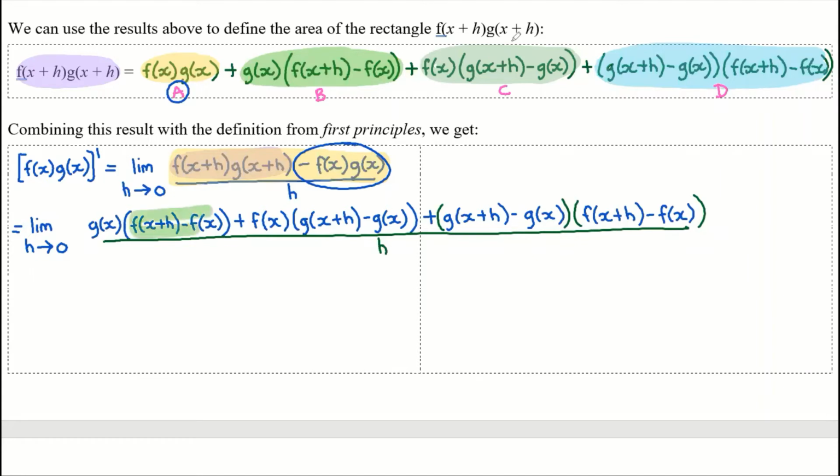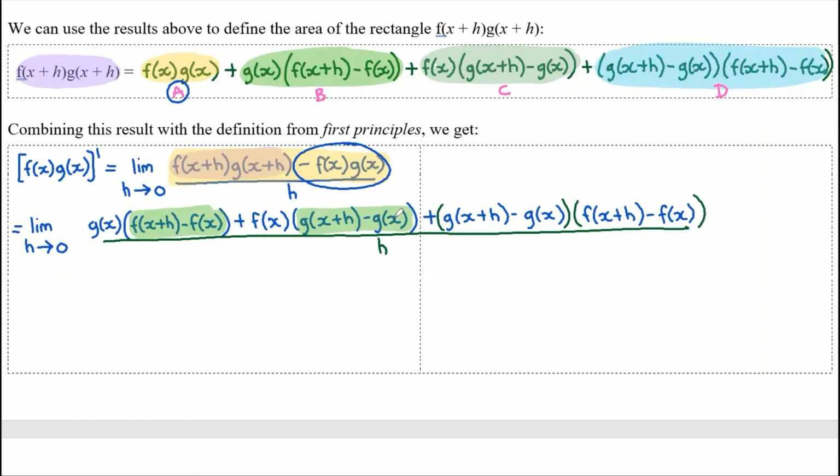If I divide that part by h and take the limit as h approaches 0, that is identical to the definition of the derivative of f of x, isn't it? And then similarly here, if I take the limit as h approaches 0, obviously this is divided by h as well. That's the derivative of g of x.